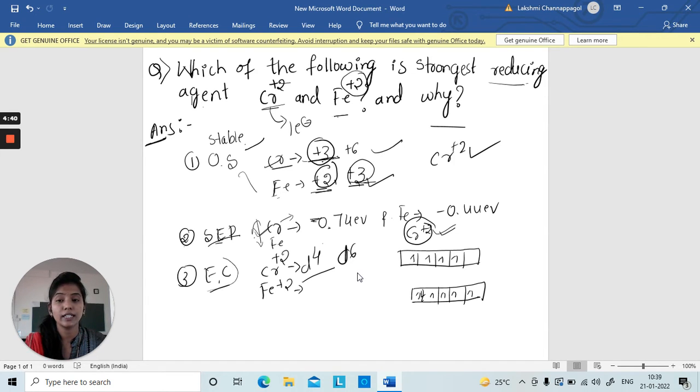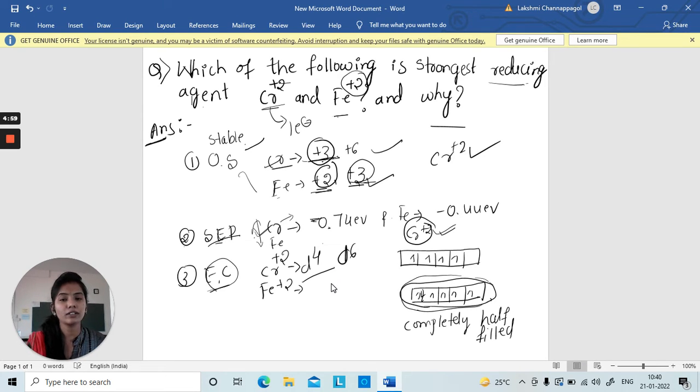When you consider the electronic configuration, when iron loses one electron, it will get a completely half-filled state. Completely half-filled is nothing but all 5 d orbitals having a single electron. That is the most stable electronic configuration. And coming to chromium plus 2, it can lose one electron and it will have 3 electrons in its d orbital. But this is the stable one.